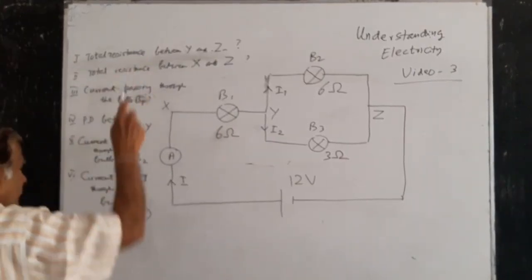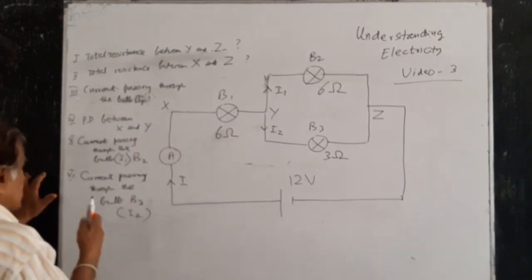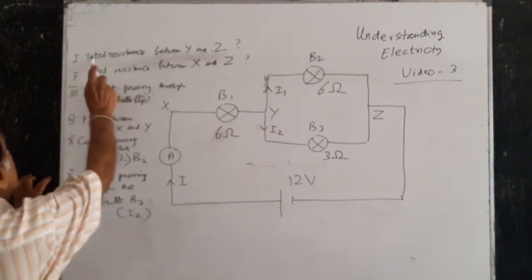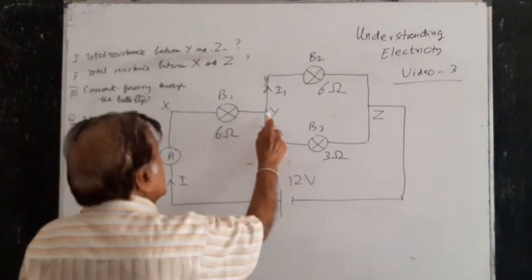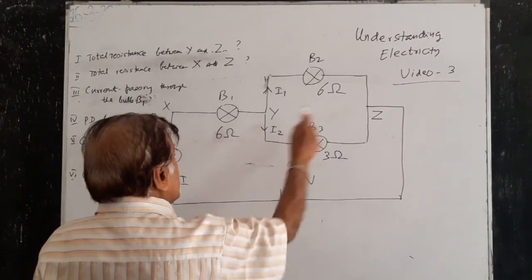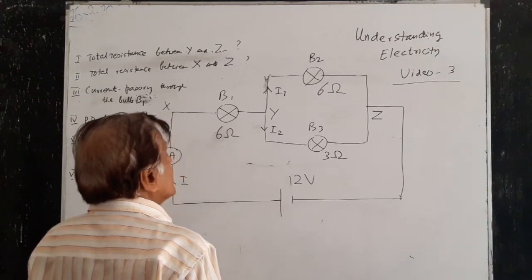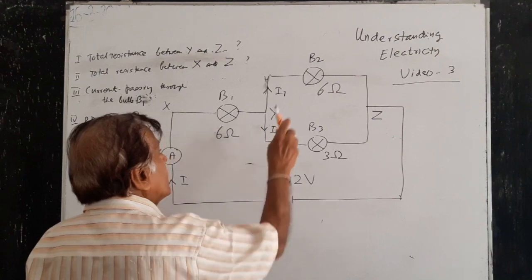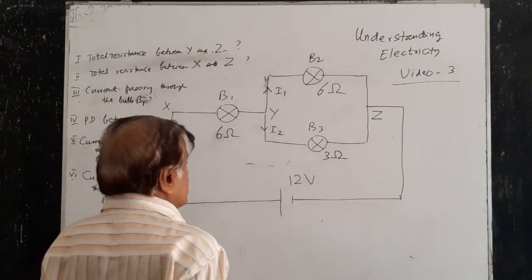Now, part 1 of this question: you have to calculate the total resistance between Y and Z. Between the points Y and Z means the equivalent resistance of these two bulbs.